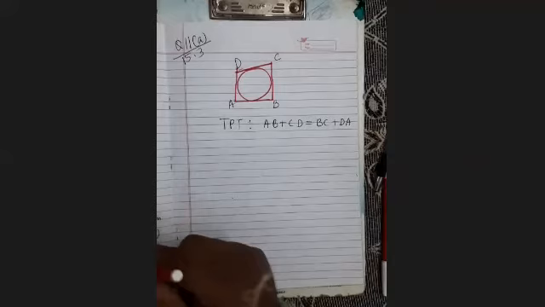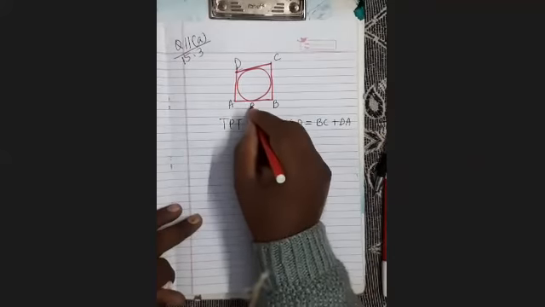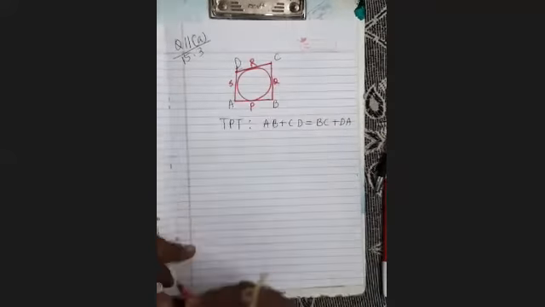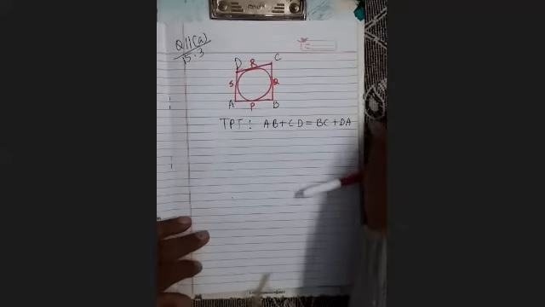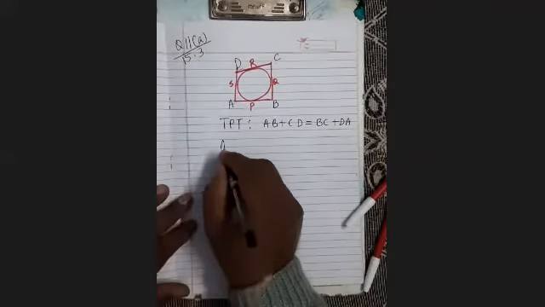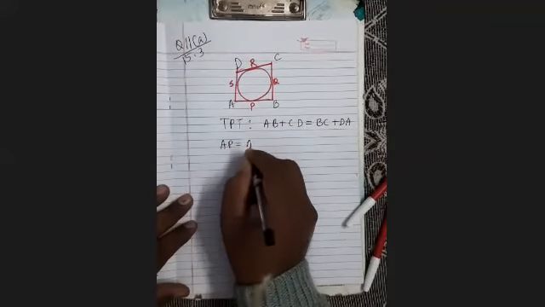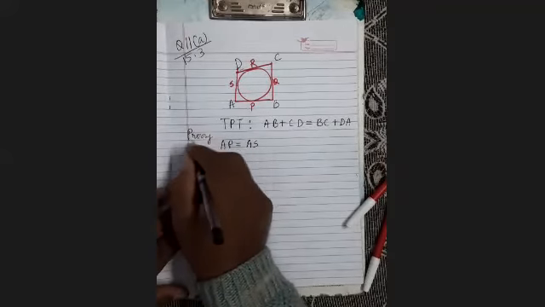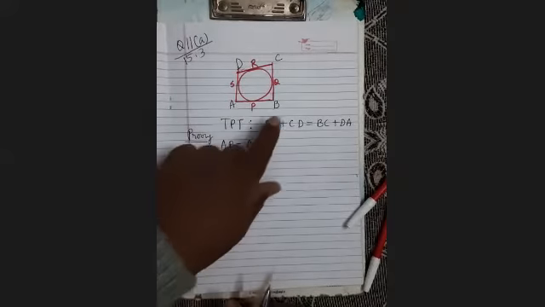Now you can take these points as P, Q, R, S. Now you can see here AP you can write equal to AS. Why are AP and AS equal? Because tangents drawn from an external point to the same circle are equal.